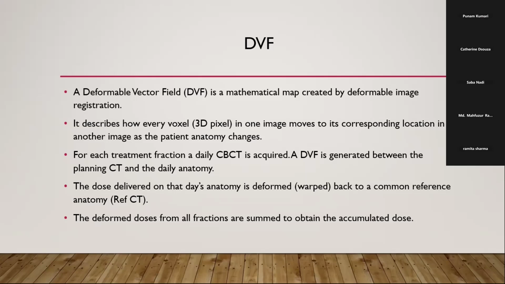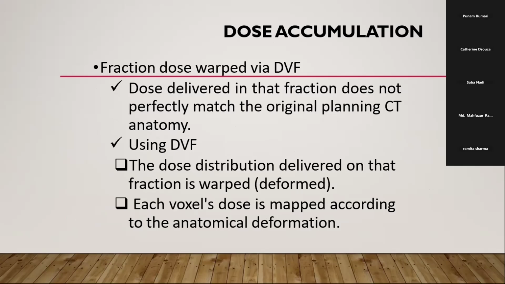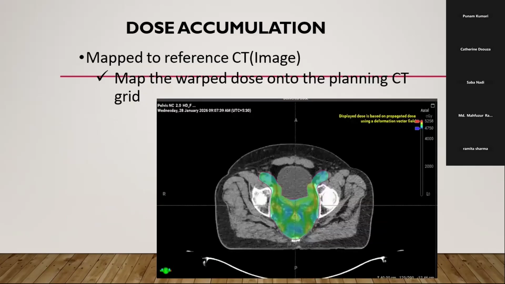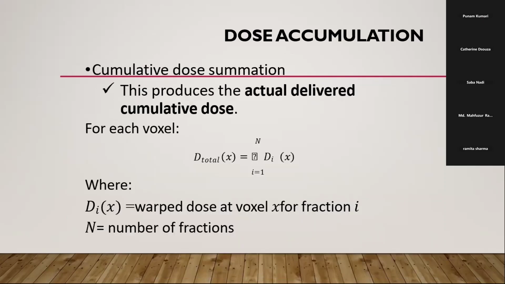By this, we are able to get the accurate accumulated dose in a deformed image. Voxel by voxel, it is taking care of the deformed dose. It will map the warped dose onto the planning CT.